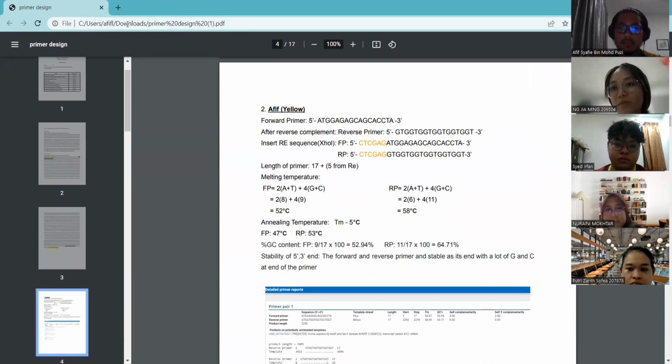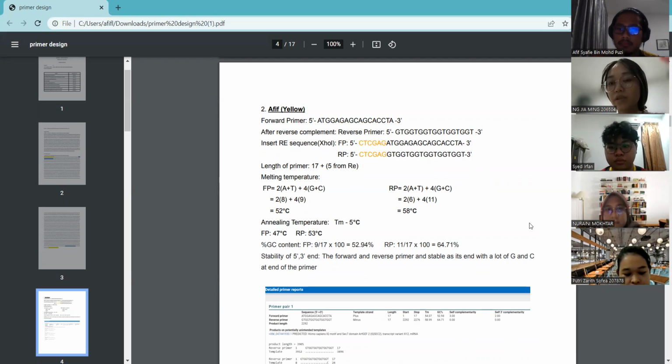So the first primer is in yellow color, which has a forward and reverse primer. After we chose the primer, we inserted the restriction enzyme sequence. The length of the primer is around 17, plus another 5 bases from the restriction enzyme.